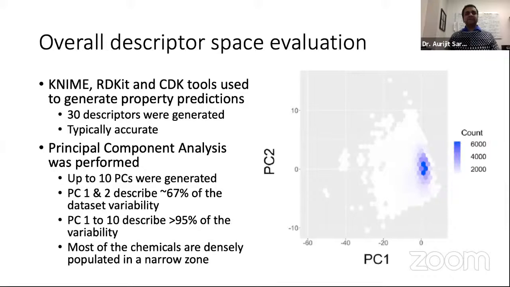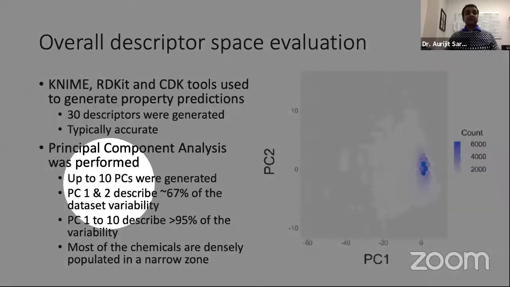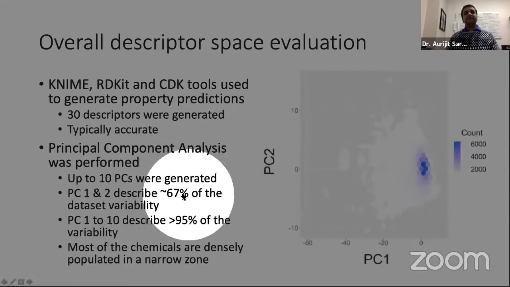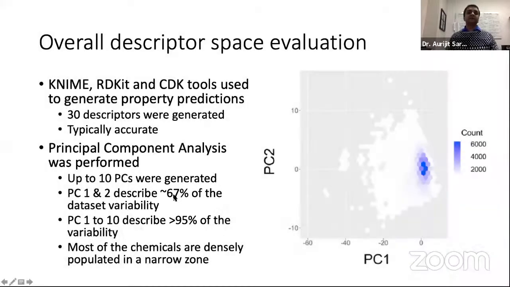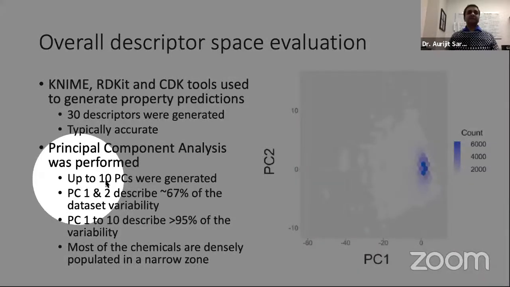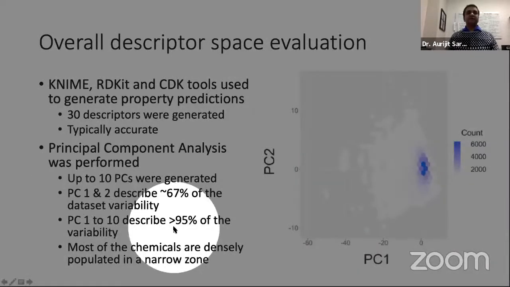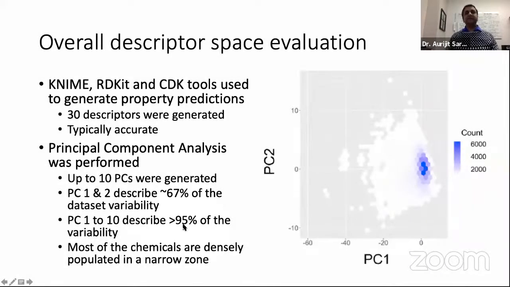We found that we could generate up to 10 principal components, and that the first two principal components describe roughly 67% of the variability within the data set. And if you took all 10 principal components, you could describe greater than 95% of the variability within the data set.